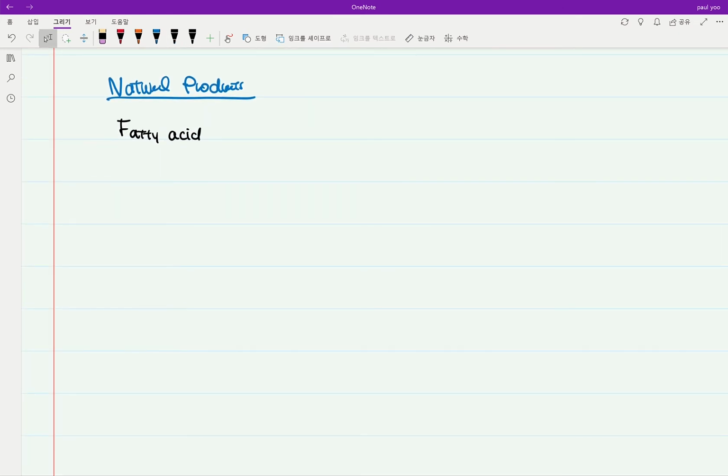It's an example of a fatty acid, and where the kink is, there's a double bond. It's arachidonic acid.